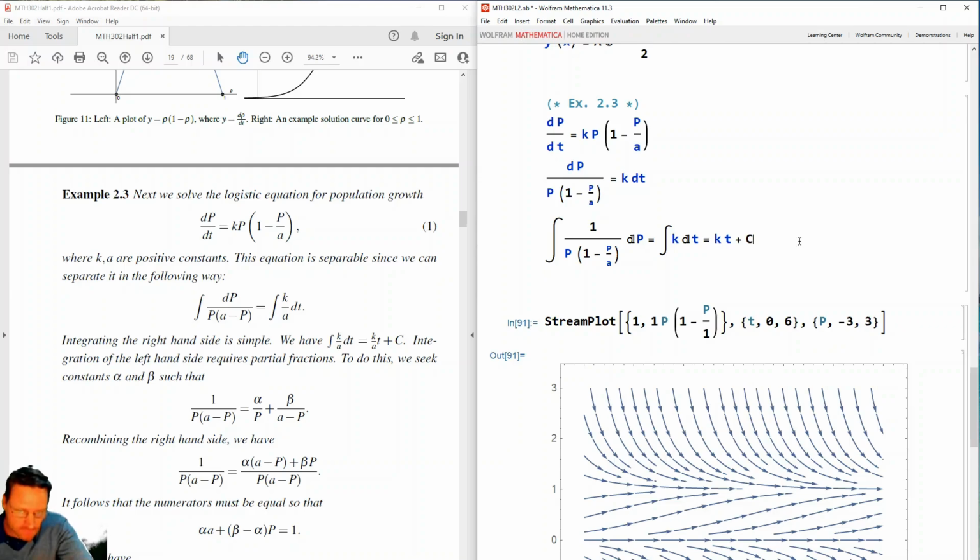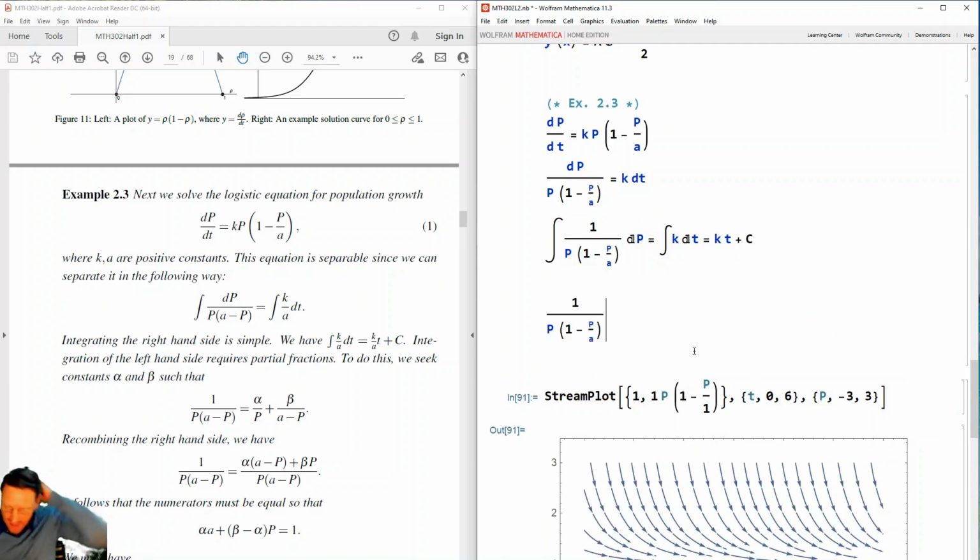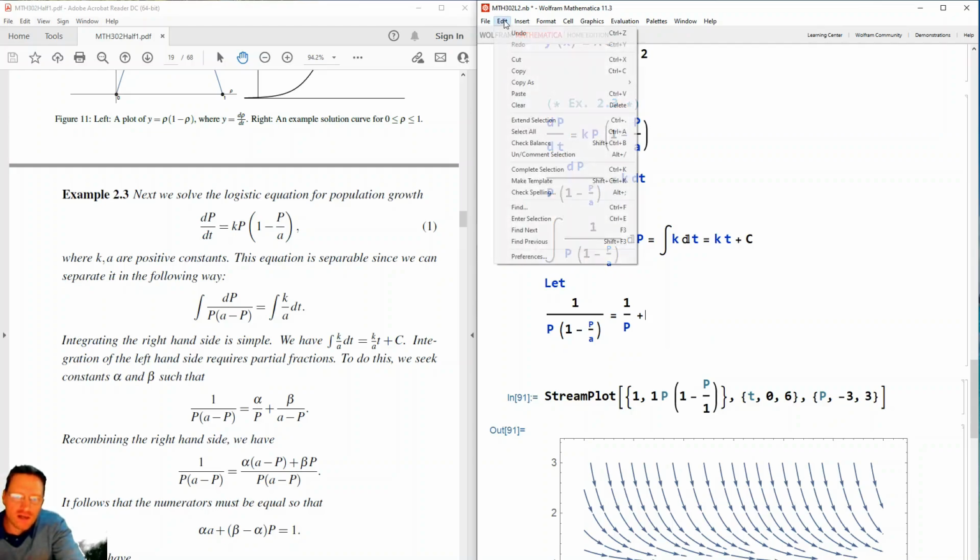Okay, so the technique is to set this out as the sum of two fractions. So we'll say let 1 over this product be equal to 1 over, we're just going to split it up, right? So we'll just split this up first, just like this.